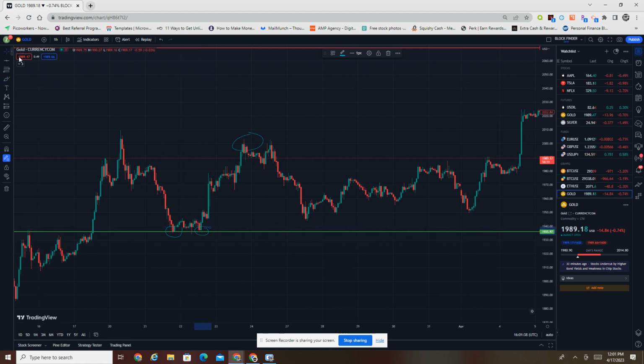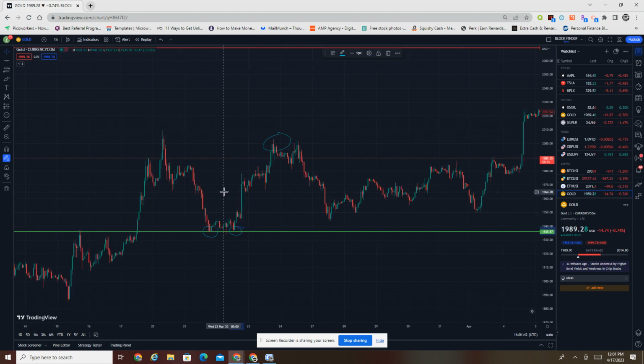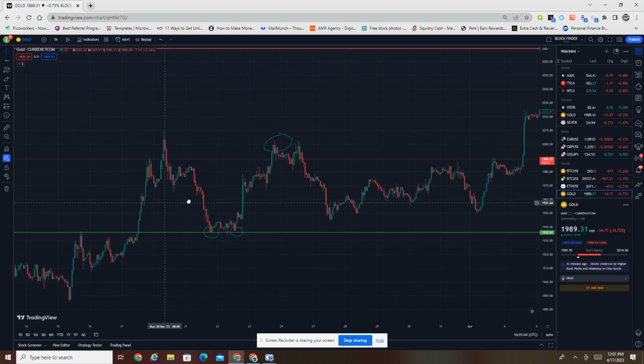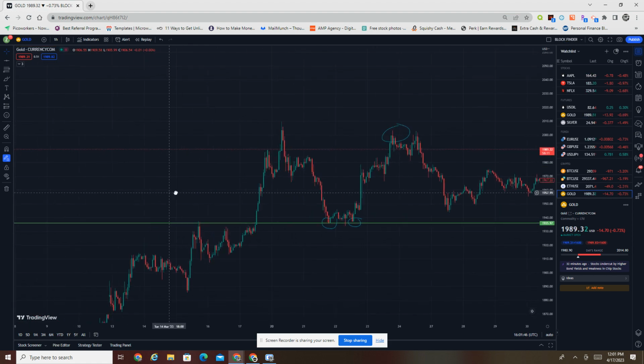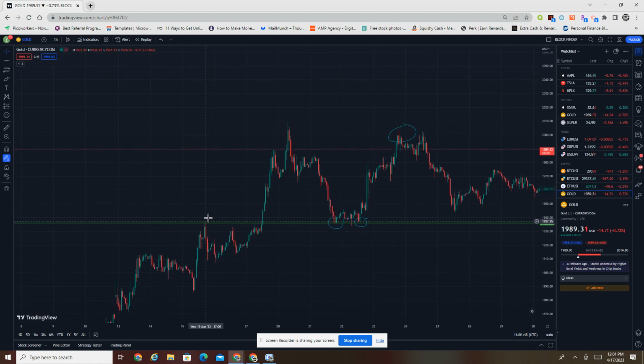Now, you're like, Zay, we only got two zones there. You said it was three. Okay, you're right. What I also see is that price was acting as a resistance zone here. So this will be my third confirmation. This will be confirmation one, confirmation two, confirmation three.